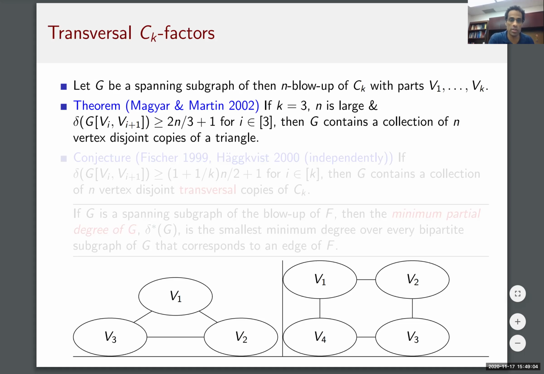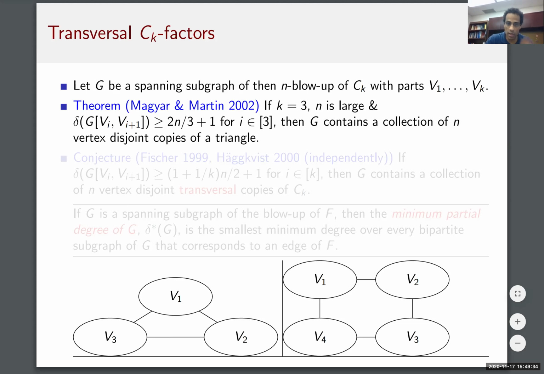And so if n is large enough, and the minimum degree of these bipartite subgraphs, so the bipartite subgraph induced by V1 and V2, is 2n/3 plus 1, and here also 2n/3 plus 1, and here as well, for all three of them, then your graph is going to contain n vertex-disjoint copies of a triangle.